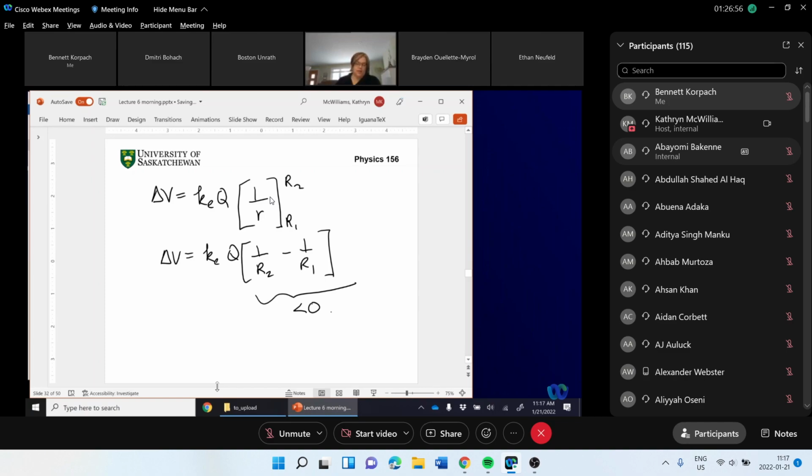But it doesn't matter which direction we pick, because the capacitance is always the absolute value. So C is equal to Q over KeQ times (1 over R2 minus 1 over R1). The Q's cancel out, and we need absolute values there.